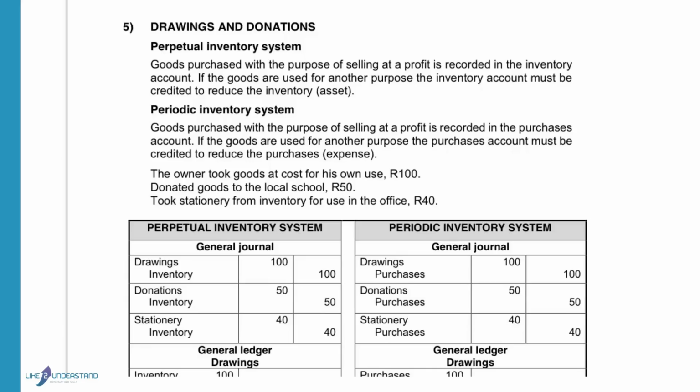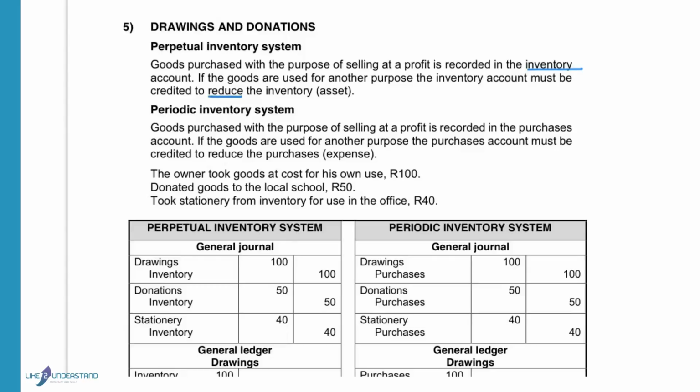Drawings and donations. In the perpetual inventory system, goods are purchased with the purpose of selling at a profit, and when you buy goods to sell, you will record it in the inventory account. If the goods are used for any other purpose, you have to reduce the inventory account because then the goods that you take out will not be sold at a profit.